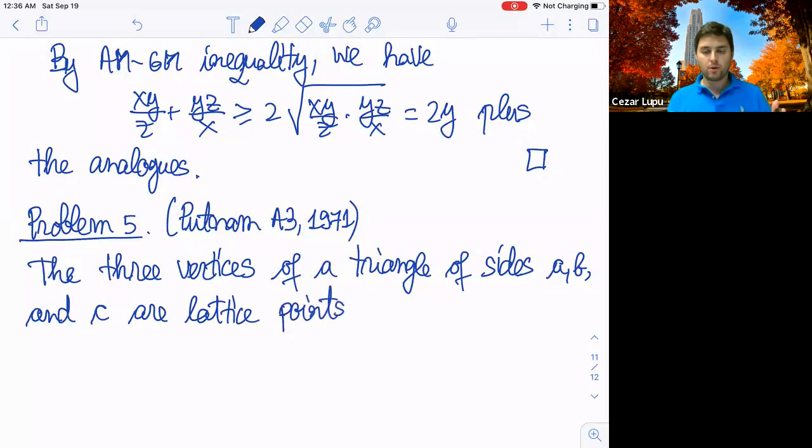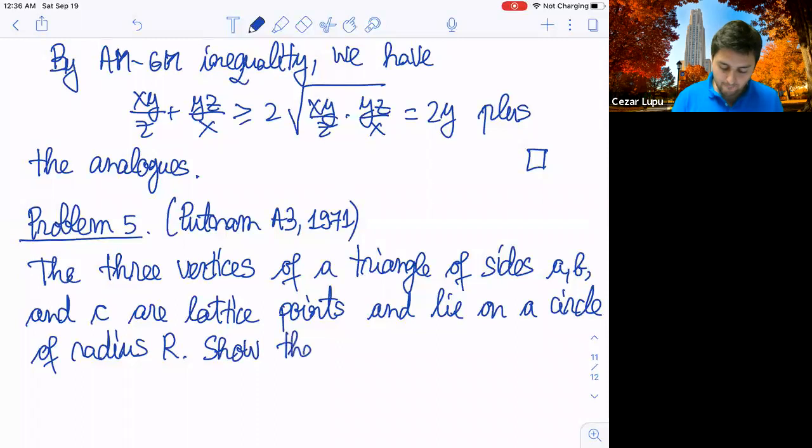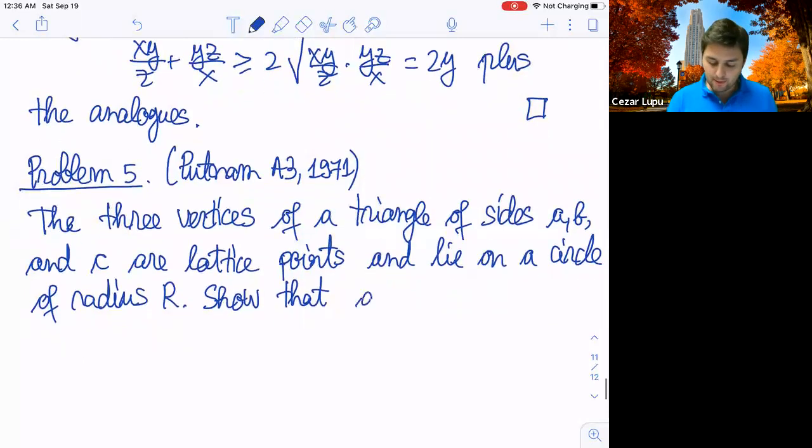Lattice points, points of integer coordinates, and lie on a circle of radius r. Show that, again, a geometric inequality, show that ABC, their product, is greater or equal than 2 times r.